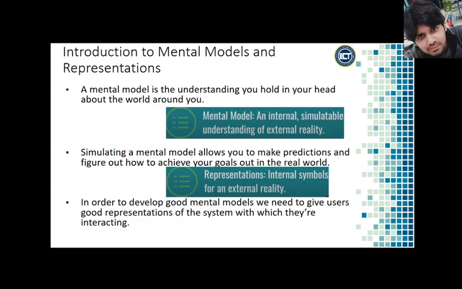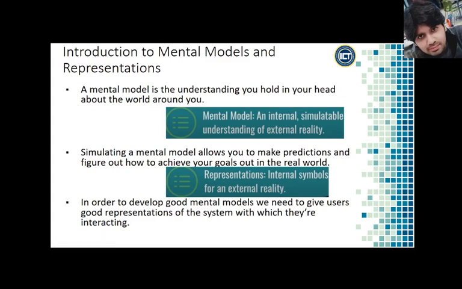Then we'll discuss how user error can arise either from inaccuracies or mistakes in the user's mental model, or just from accidental slips despite an accurate mental model. Finally, we'll close by discussing learned helplessness, one of the repercussions of poor interface design, as well as expert blind spot, which is one of the reasons why poor design can occur.